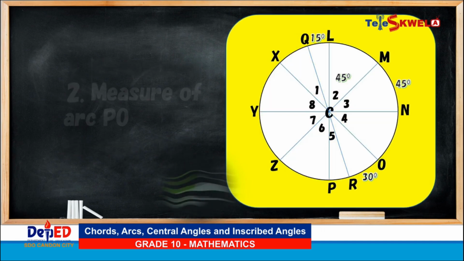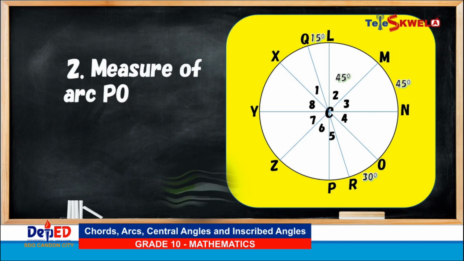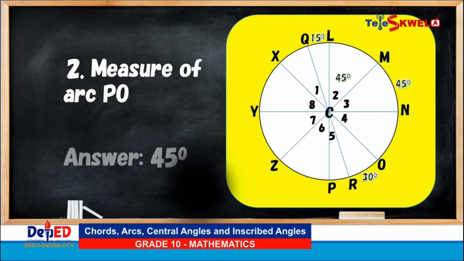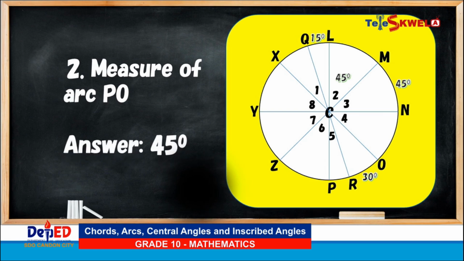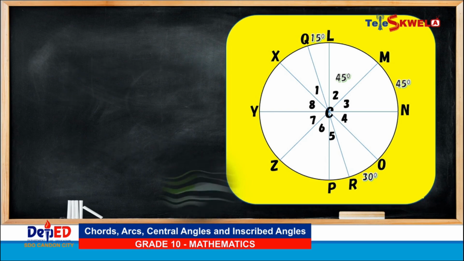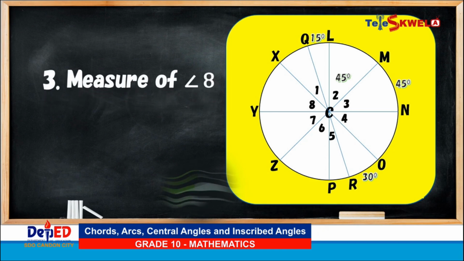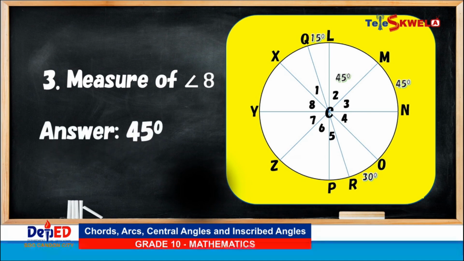Measure of arc PO. The answer is 45 degrees. Number 3. Measure of angle 8. The answer is 45 degrees.